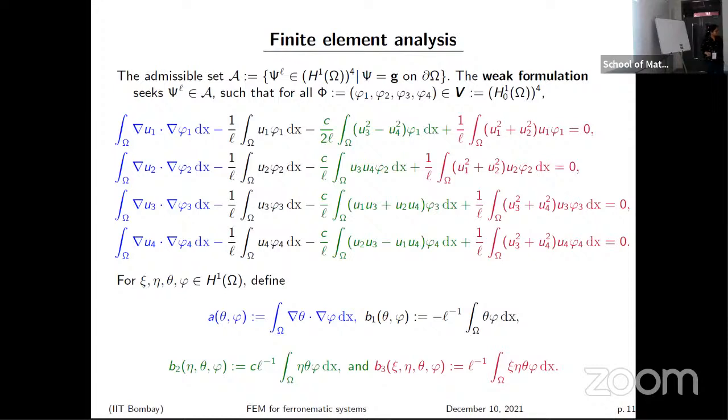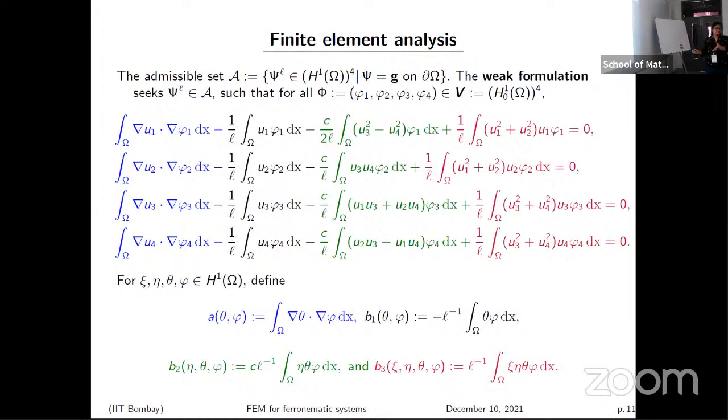The embedding holds for all p greater than 1, because we have a square. That is true for all p greater than 1. So we use the Cauchy-Schwarz inequality. Here we get u1 cubed times phi 1, so we can get the L6 norm of u1 and the L2 norm of phi 1.